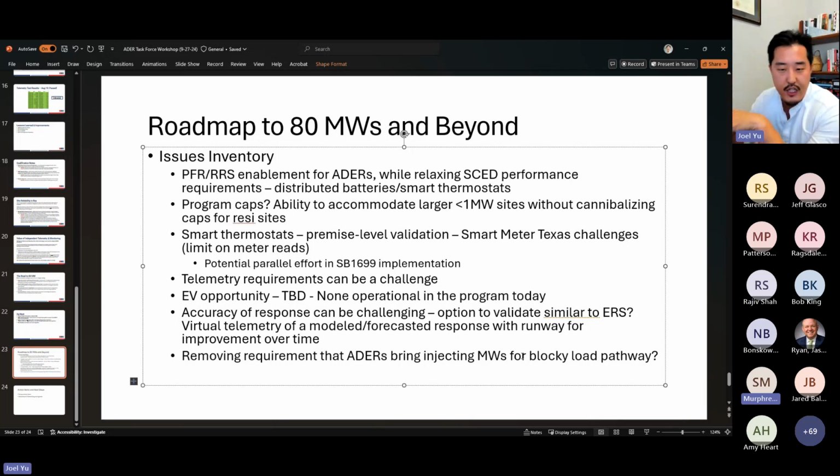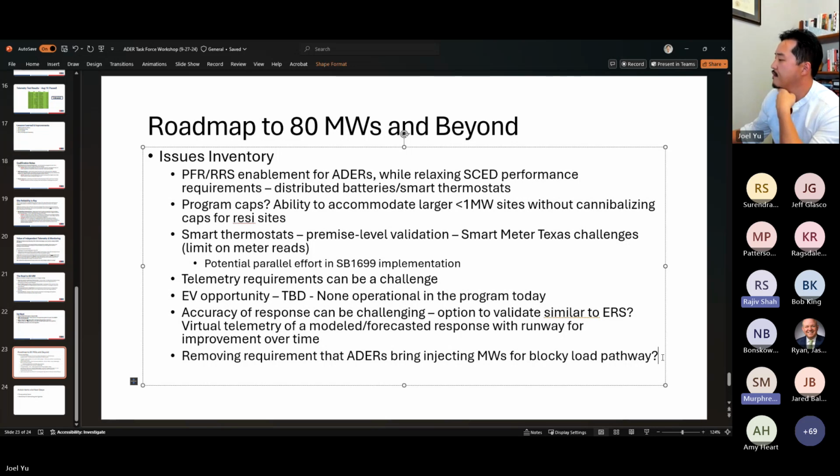Looks like we're back to Rajiv. Yeah, I'll be quick. Just a follow on to Resmi's point and sort of why would you need to have load resources question. One of the challenges with the aggregation we're working on is that it is heterogeneous. It's not just one device type.